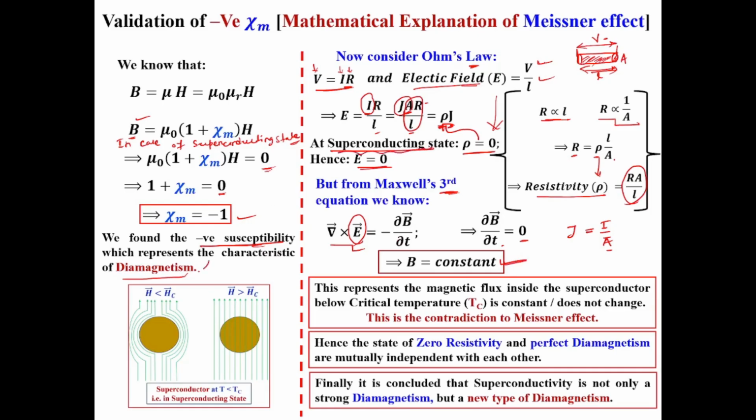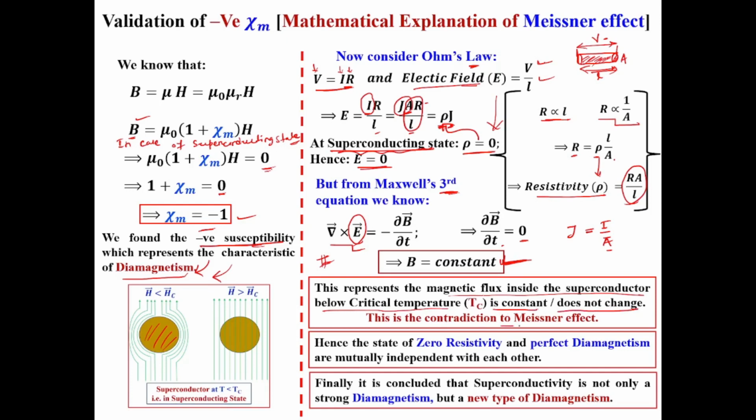But in the earlier way we found negative susceptibility, that means there is no magnetic flux inside the superconductor in the superconducting state. But by considering the electromagnetic explanation, we found B equals constant. The magnetic field inside the superconductor below Tc is constant and does not change.